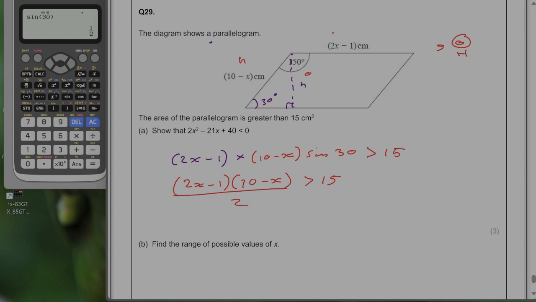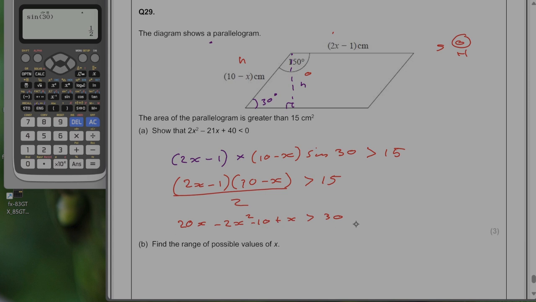So 2x times by 10 would give us 20x. 2x times by minus x will give us minus 2x squared. Minus 1 times by 10 will give us minus 10. Minus 1 times by x will give us plus x. I'll miss my squared there. That's got to be greater than 30.